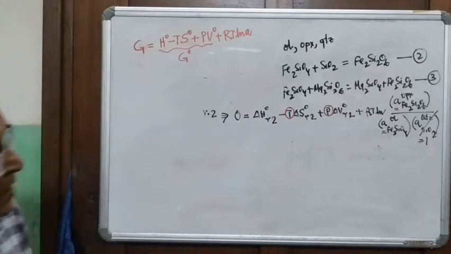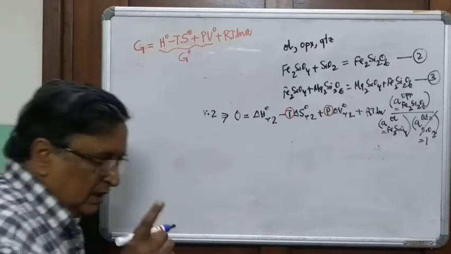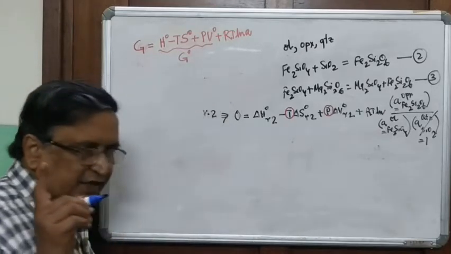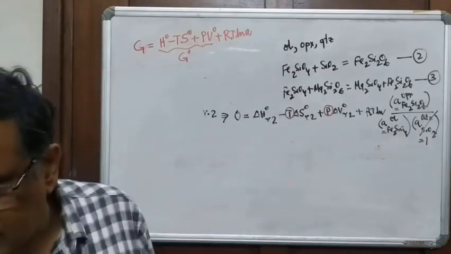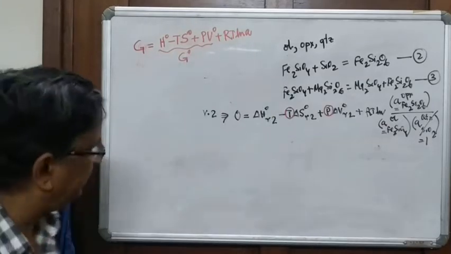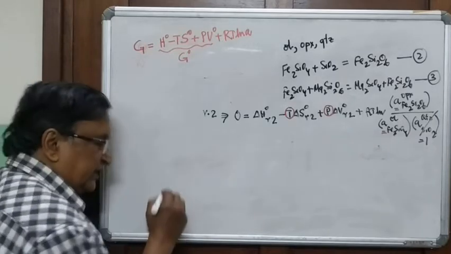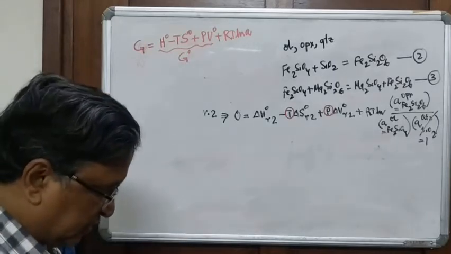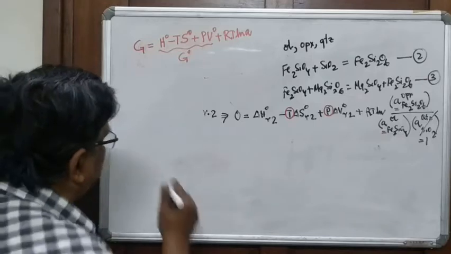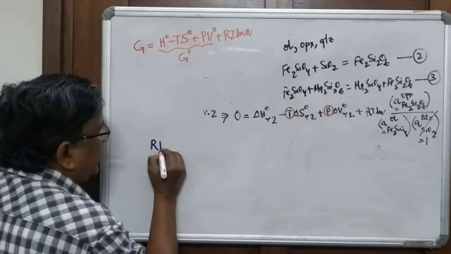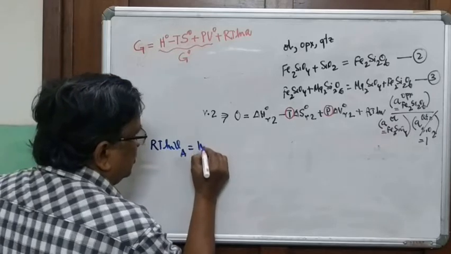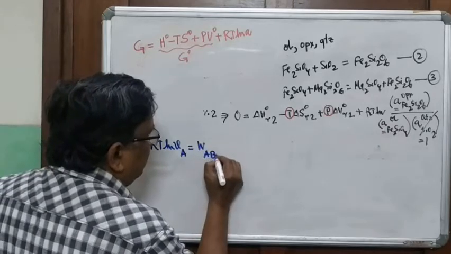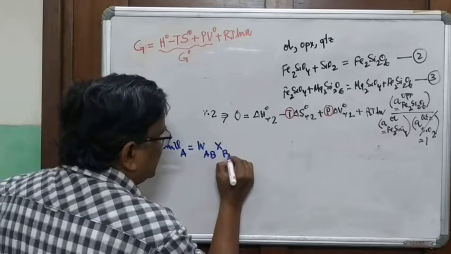Now, I have given the derivation in the PDF 2 where I talked about activities of crystalline solution, where I have shown that in a binary solid solution, RT ln gamma A is equal to WAB into XB squared.